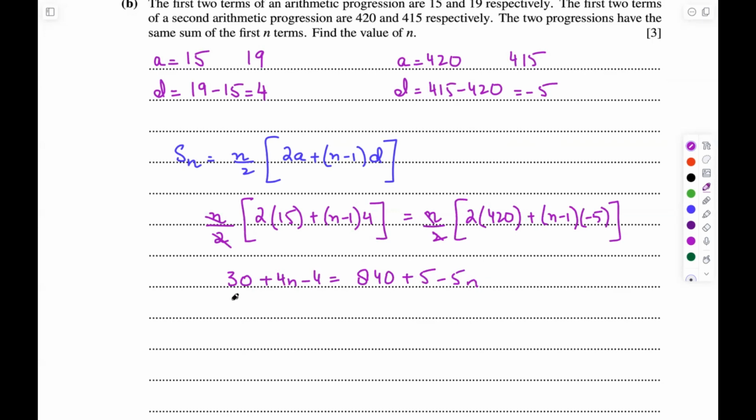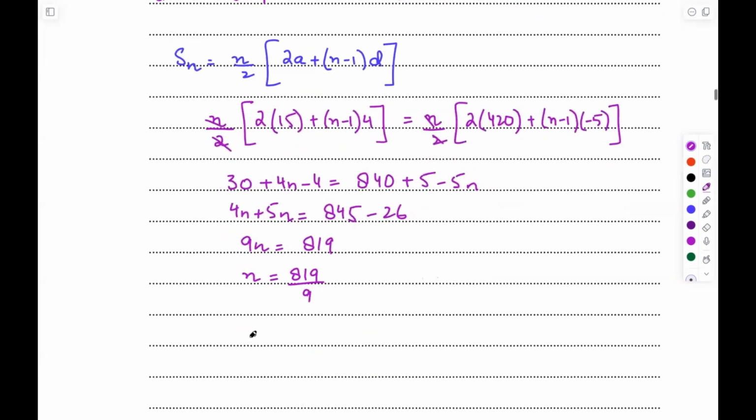Taking 5n on the other side, that will be 4n plus 5n equals 845 minus 26. 9n will be equal to 845 minus 26, which is 819. So n will be 819 divided by 9. So the value of n will be equal to 91.